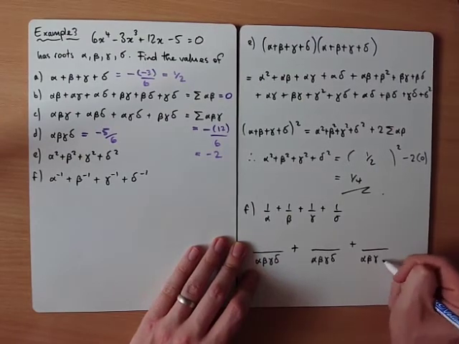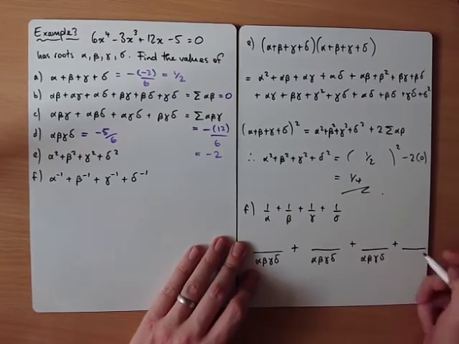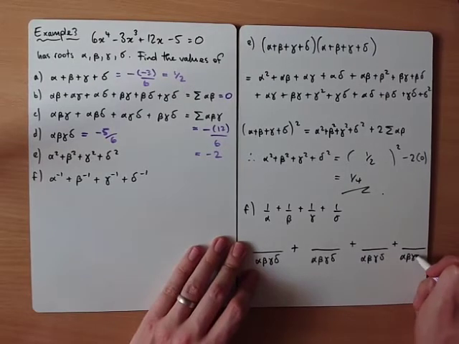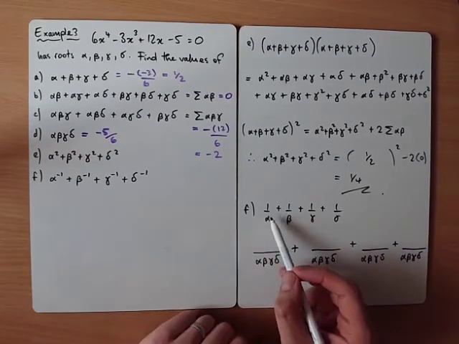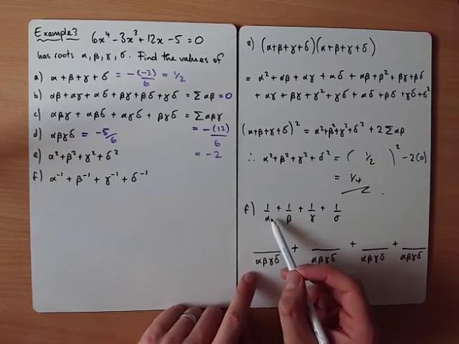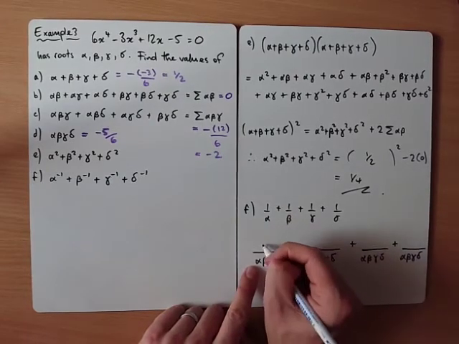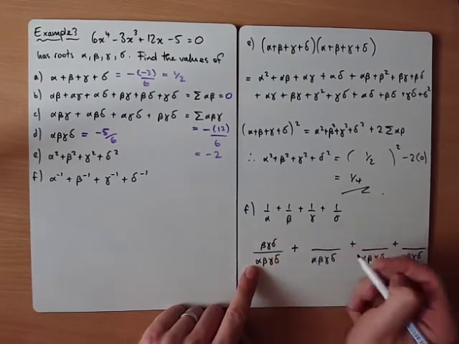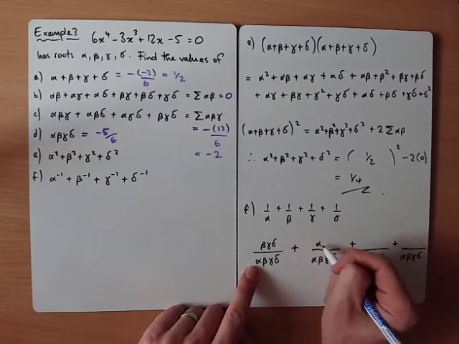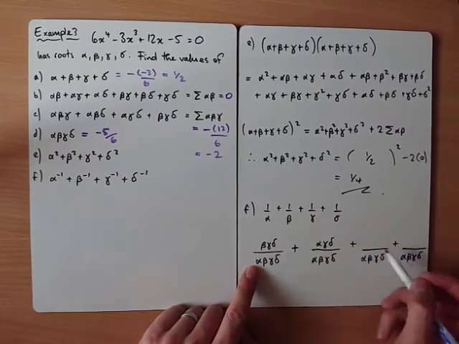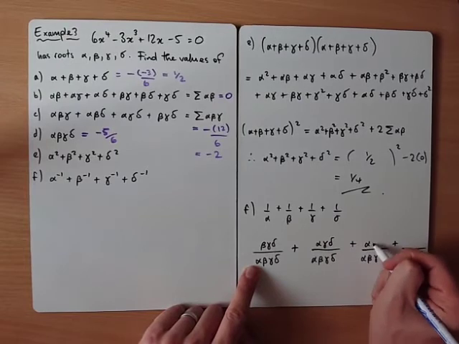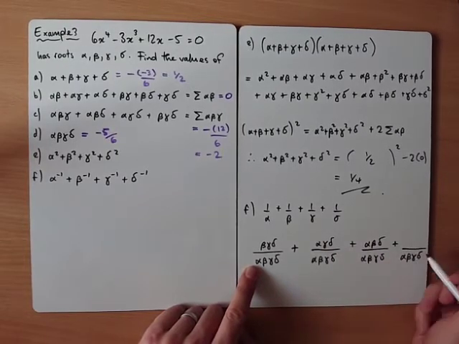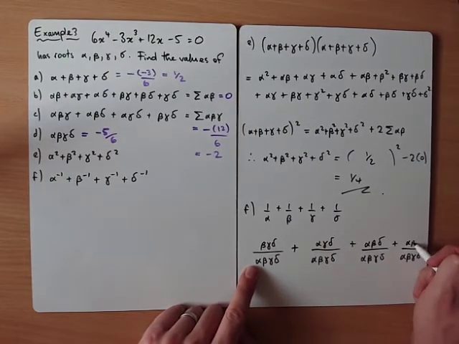So we've got alpha, beta, gamma, delta. And for this one, we'd have to multiply the top and bottom. Now there's already alpha, so we just need beta, gamma, delta. This one was already beta, so we need alpha, gamma, delta. This one was already gamma, so it'd be alpha, beta, delta. And this one was already delta, so it'd be alpha, beta, gamma.